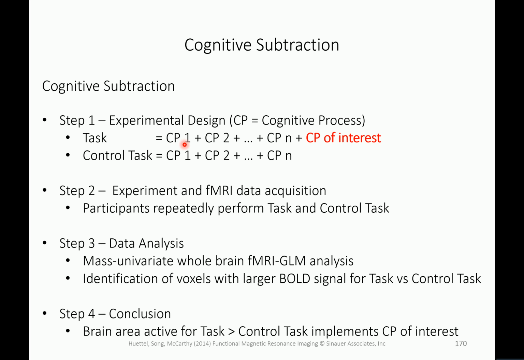Anyway, so that would be task versus rest, but obviously the more interesting comparisons are one task condition versus another task condition. So for example, consciously perceiving something versus not consciously perceiving something while being stimulated with the identical physical stimulus, so that you find the consciousness brain area. Yeah?